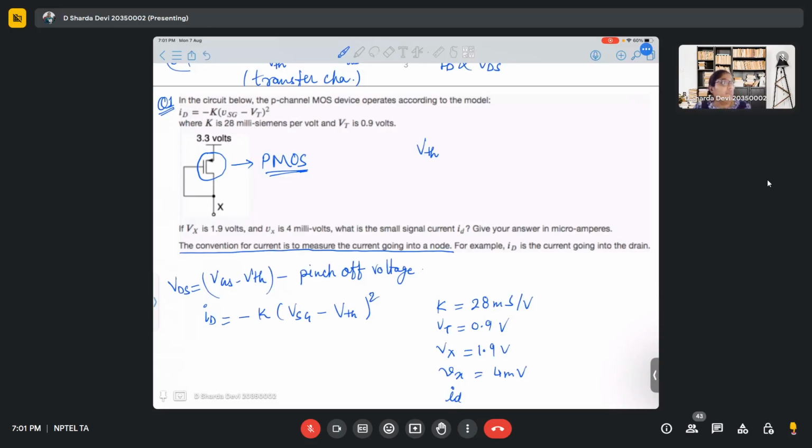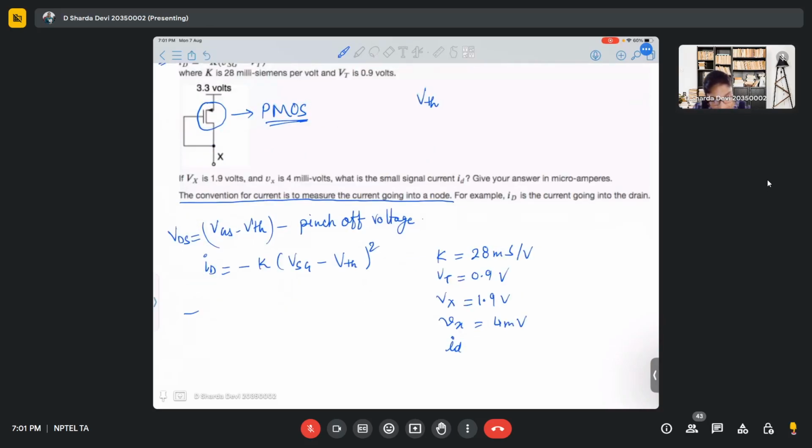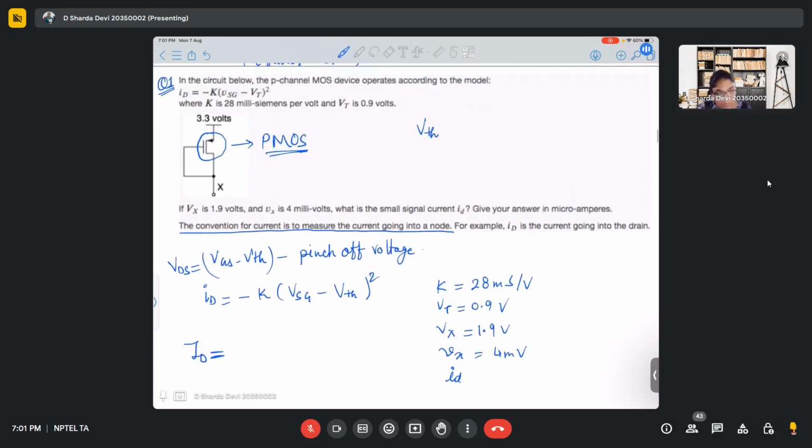So first of all, let's find out the value of ID. We have all the values of VSG, VTH, K, everything.